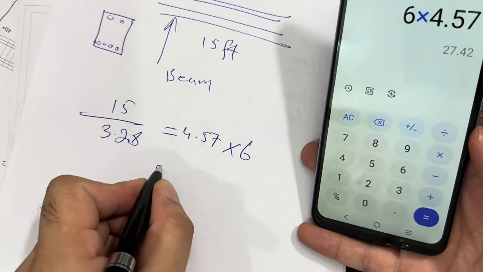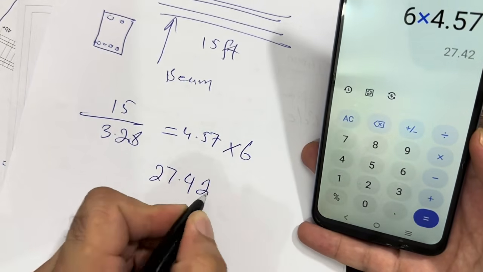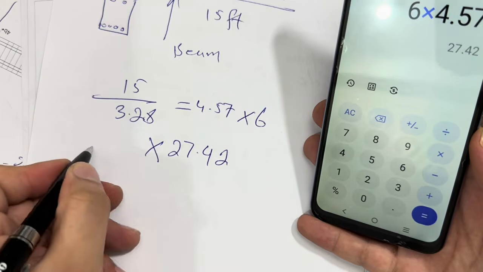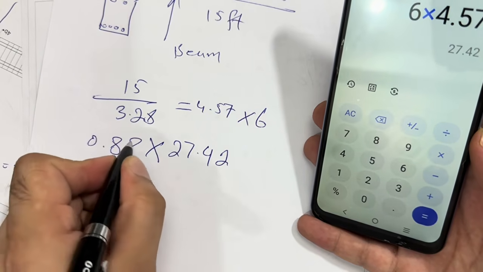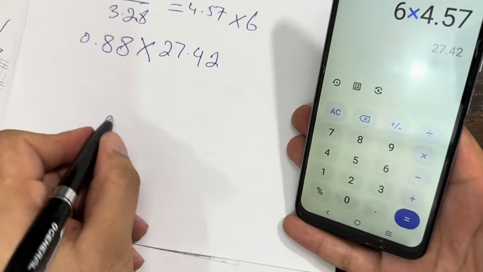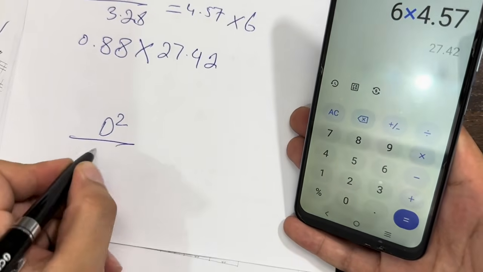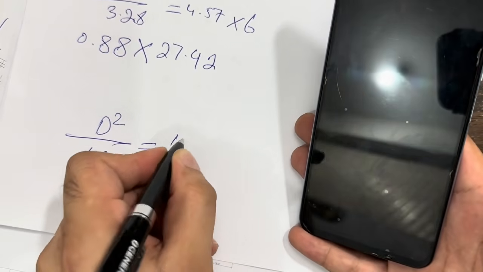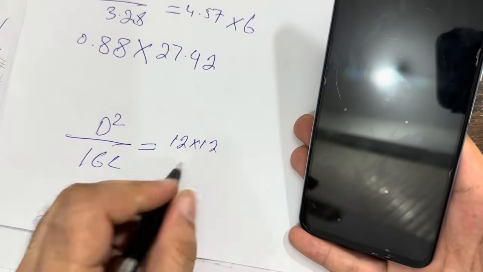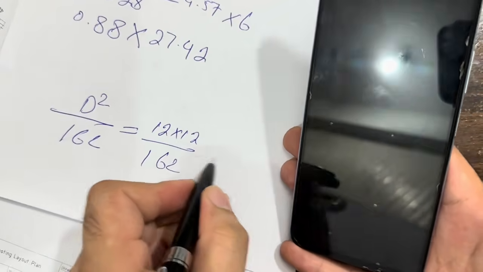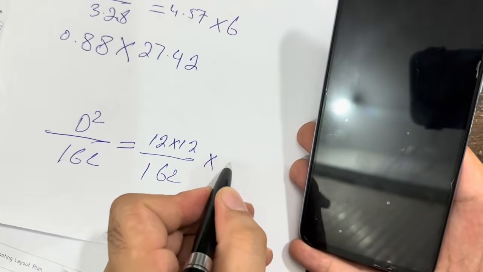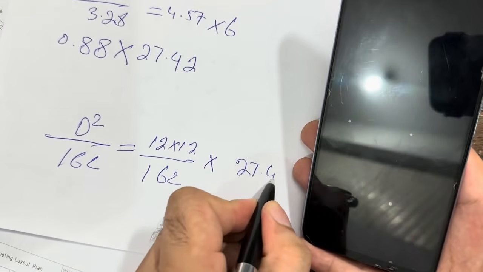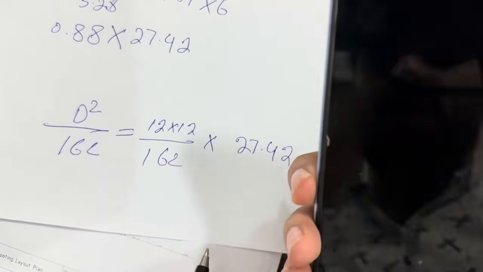This is the total length, in meter. 6 multiplied by 4.57, so the total length is 27.42. Now let me multiply with 0.88. As I discussed before, d square divided by 162, so put the value 12 millimeter multiplied by 12 millimeter divided by 162, multiplied by 27.42. You will get the value.